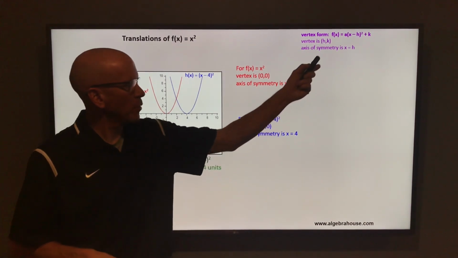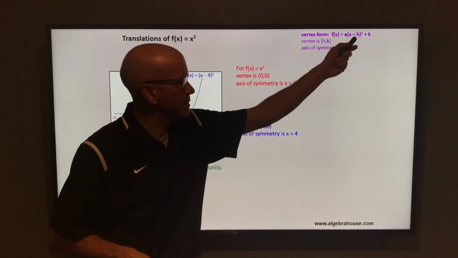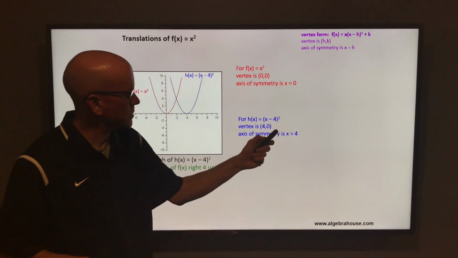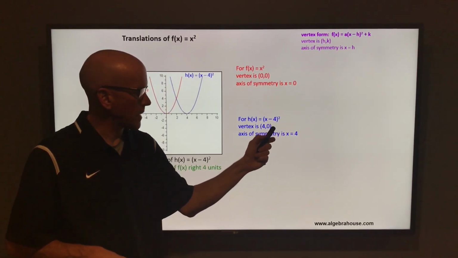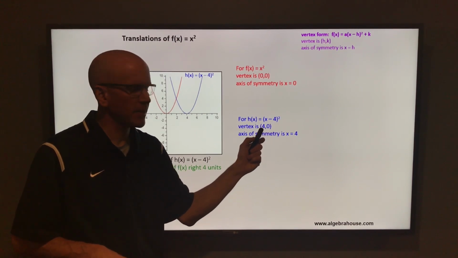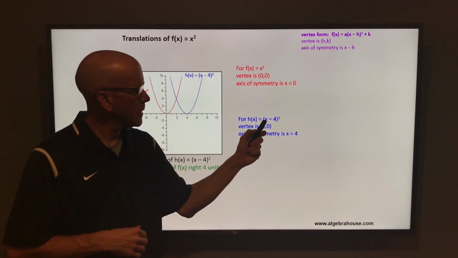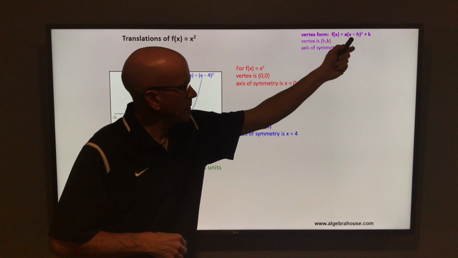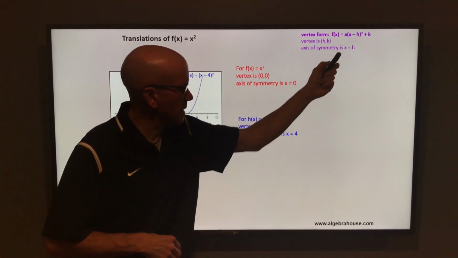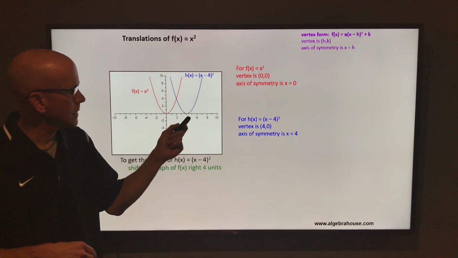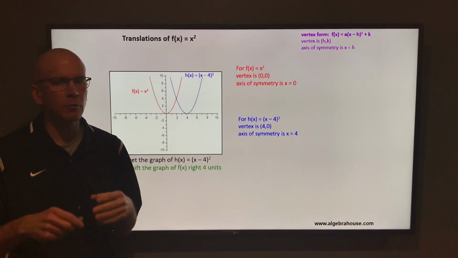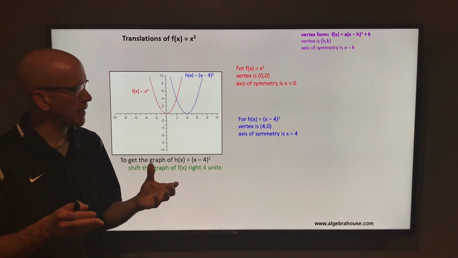Remember, vertex form is f of x equals a times x minus h squared plus k. So if this shows up as x minus 4 squared, the x-coordinate of the vertex is positive 4. Don't get confused there. If it's vertex form, x minus h, and this is x minus 4, the x-coordinate of the vertex is 4. So don't get confused when you're looking at an equation and picking out the vertex.